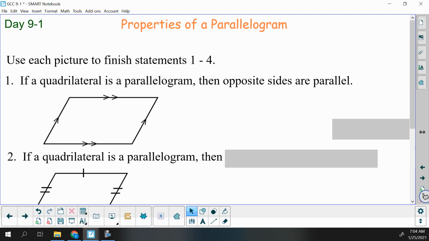Parallel, we mark that in our picture with arrowheads. The single arrowhead represents that those two are parallel to each other. The double arrowhead represents that those two are parallel to each other. And that's one of our parallelogram reasons we saw on the previous slide. Parallelogram implies opposite sides parallel.